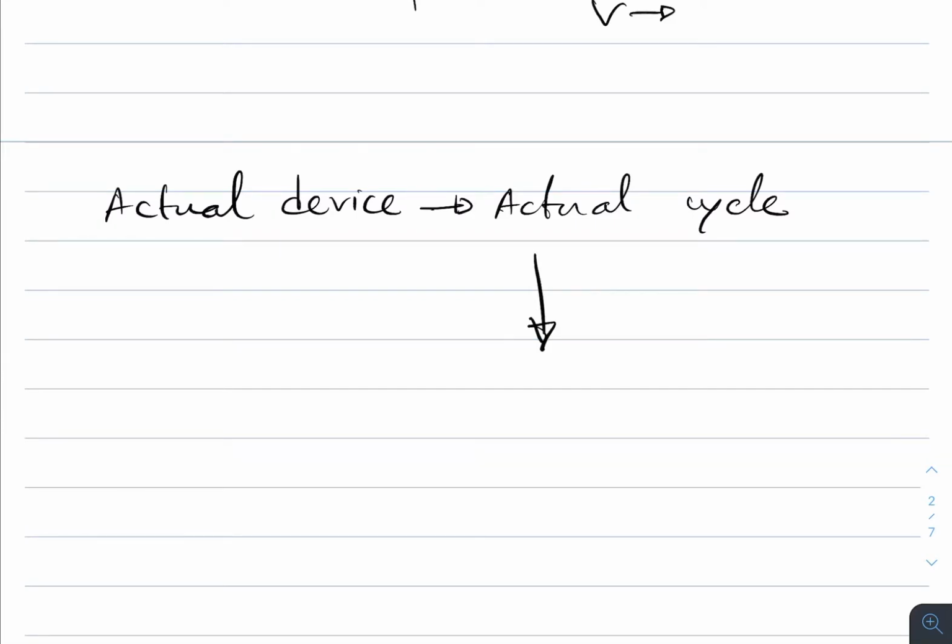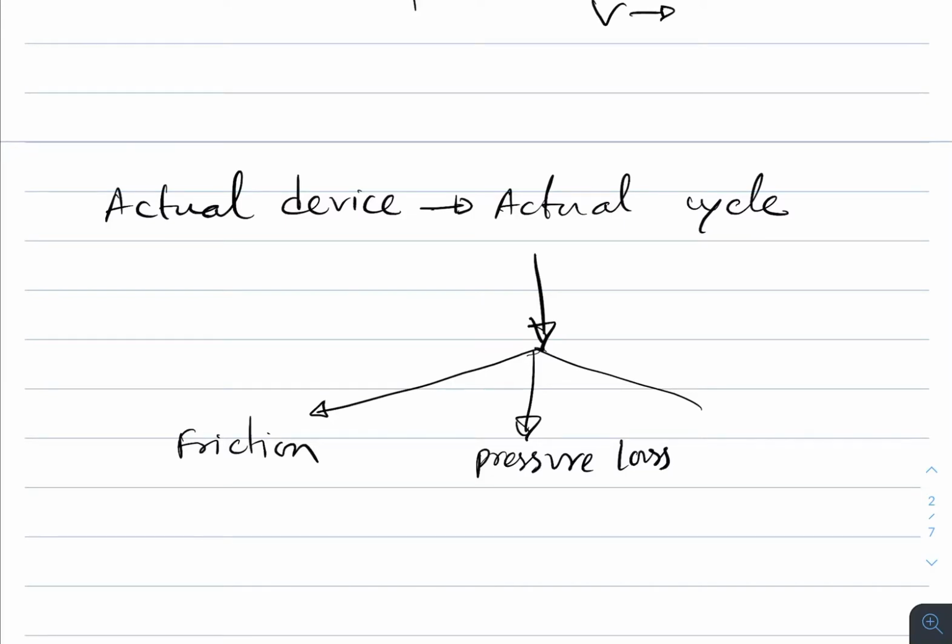In an actual cycle, there are so many complexities, for example due to friction, or due to pressure loss, or the inability to reach equilibrium.